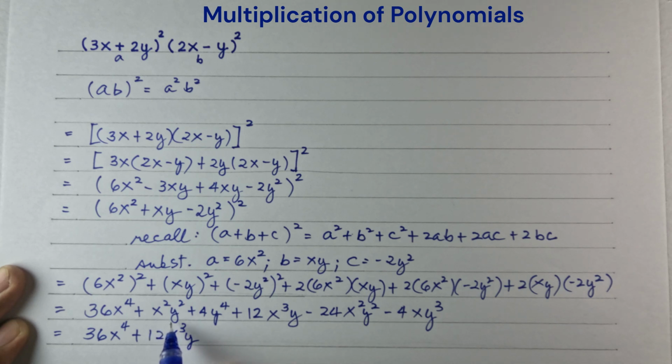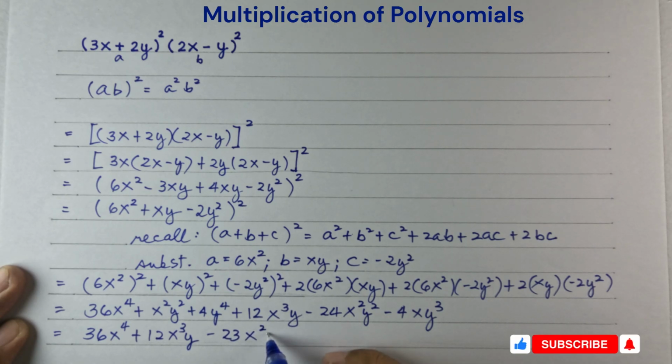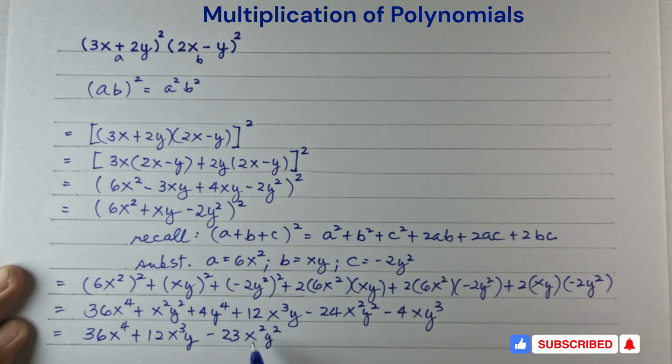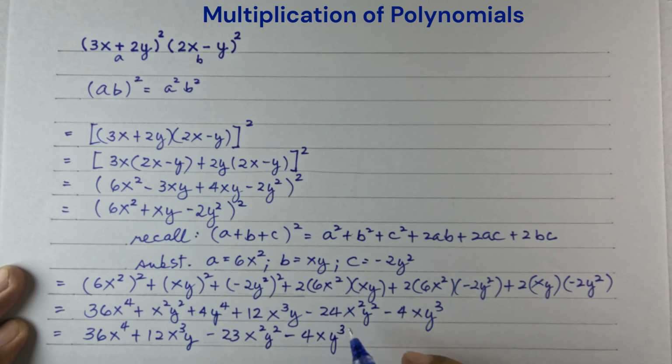That's x squared y squared minus 24x squared y squared, which is minus 23x squared y squared. Next is the x term, minus 4xy cubed.